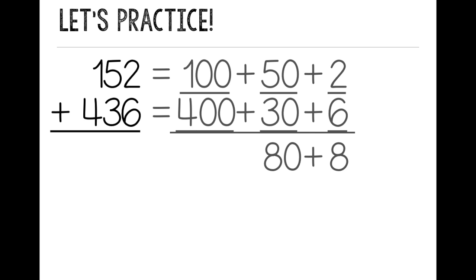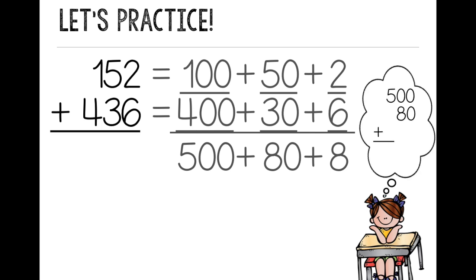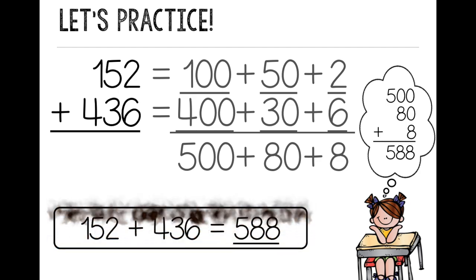Then I add my hundreds. 100 plus 400 equals 500. So I have 500 plus 80 plus 8. If you need to, you can write this vertically. 500 plus 80 plus 8, and then add it up. 588. So 152 plus 436 equals 588.